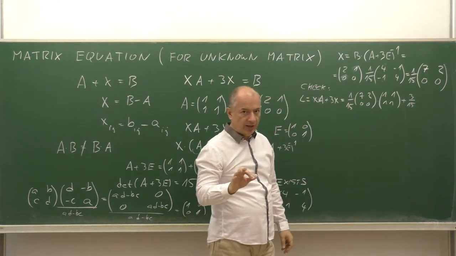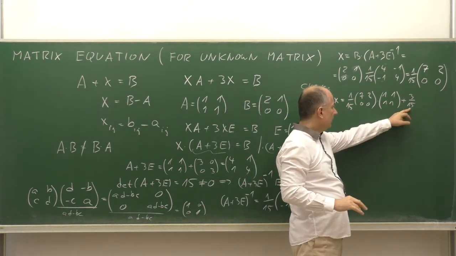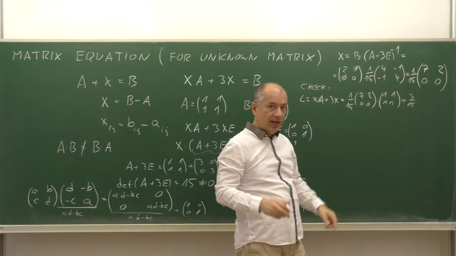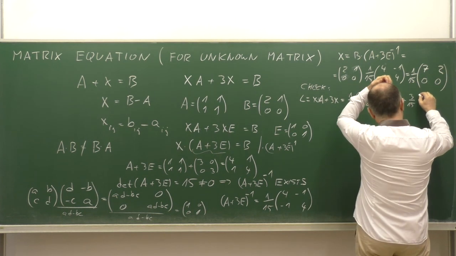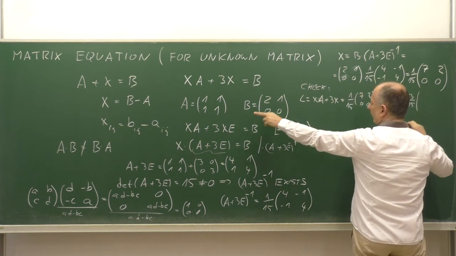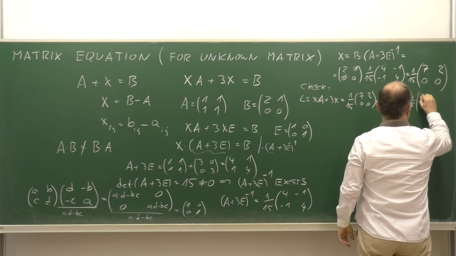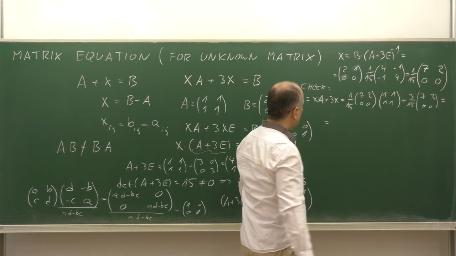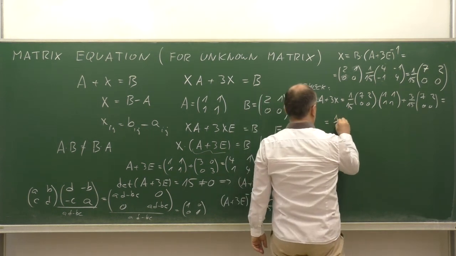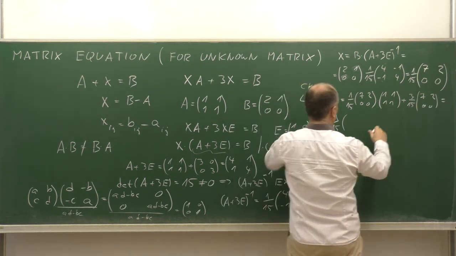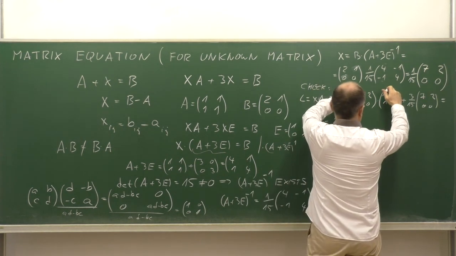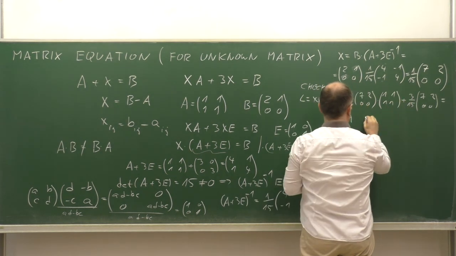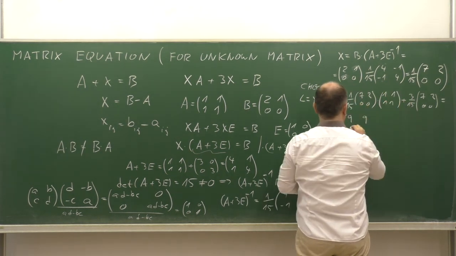We could reduce this fraction, but I will leave 15 because we will add these values. 3X, and X is 7, 2, 0, 0. So we have 1/15, and here we have 7 plus 2, which is 9, 7 plus 2, which is 9, 0, 0.